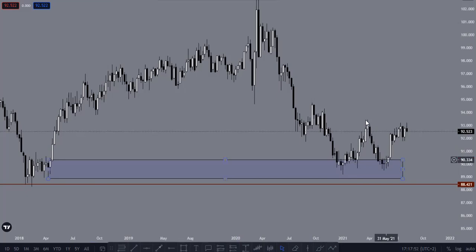Since it made its first highest point, we made a low, then a high, then a low. But the key thing is that this low failed to break these previous lows and it held above it, signaling that there might be a bit of a divergence in the market.